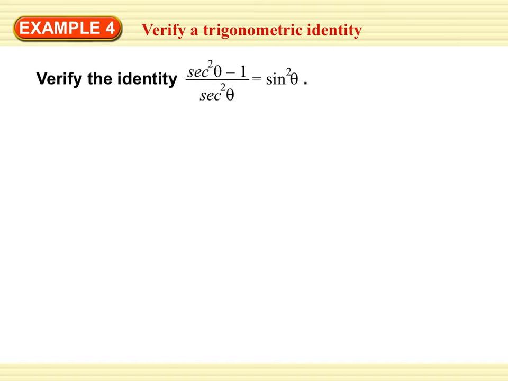All right, so verify that identity: the left equals the right. I'm opening up my trig book, my algebra book, to those functions that are on a slide or in the book that you printed out.